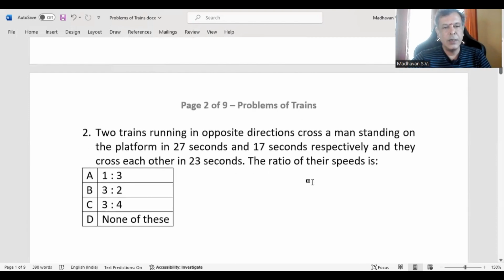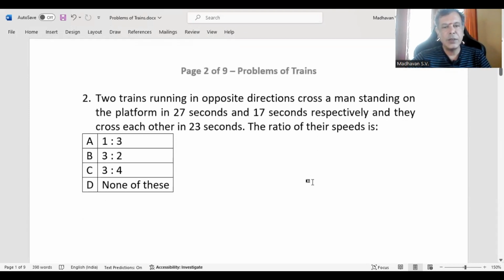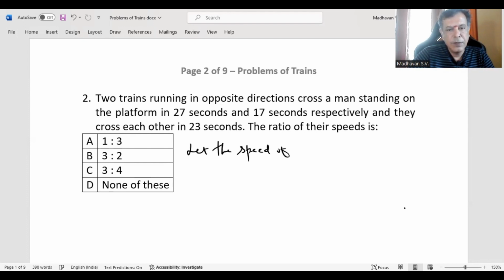Two trains running in opposite directions cross a man standing on a platform in 27 seconds and 17 seconds respectively, and they cross each other in 23 seconds. The ratio of their speeds is what? So let the speed of the first train equal x.